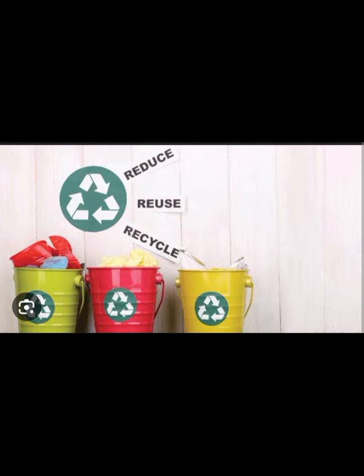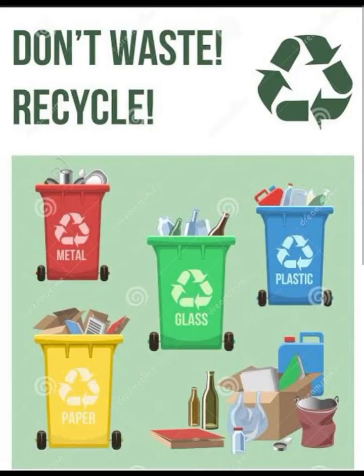Some of the things you can do to minimize wastage may include printing on both sides of the paper, using cloth napkins instead of paper napkins, and avoiding disposable utensils. So that is reduce.